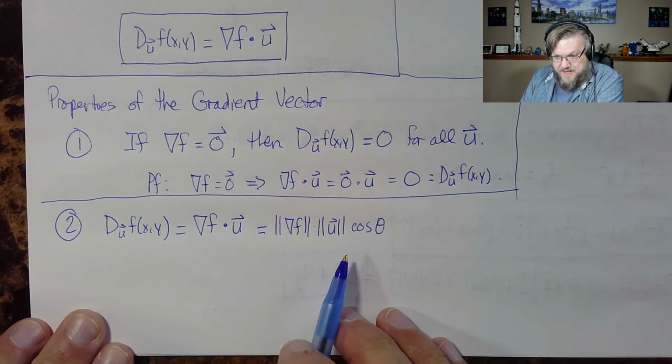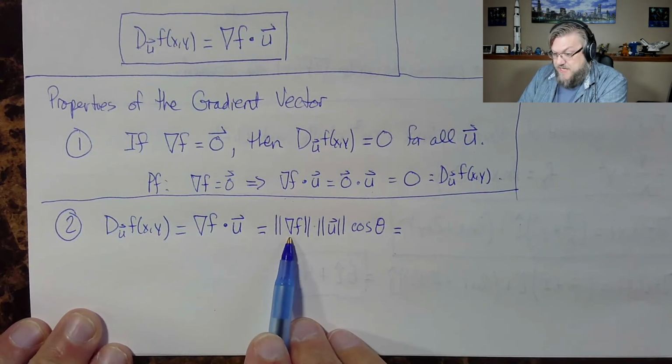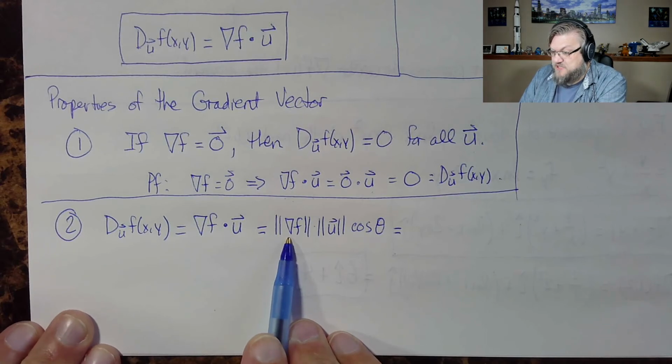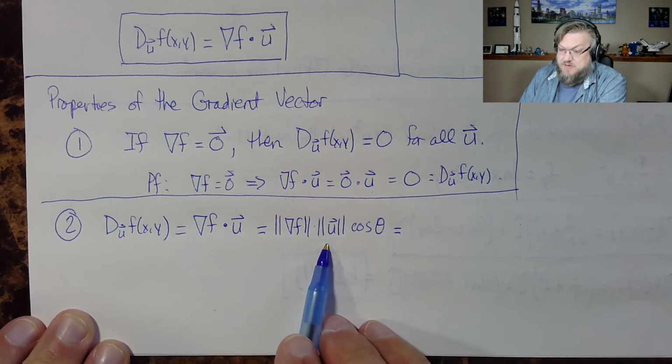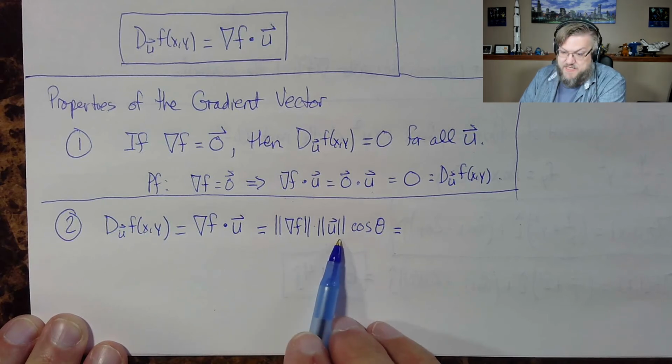Do you see that? Now, the magnitude of the gradient, I don't know what that is because that will change depending on what the gradient is. But I certainly know the magnitude of u because in our context it has to be a unit vector. So I know this is equal to 1.